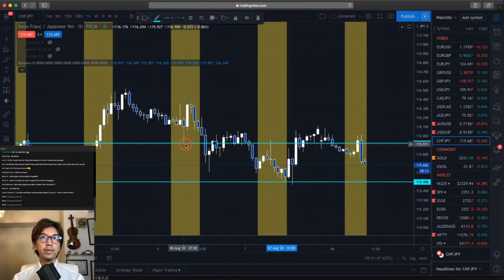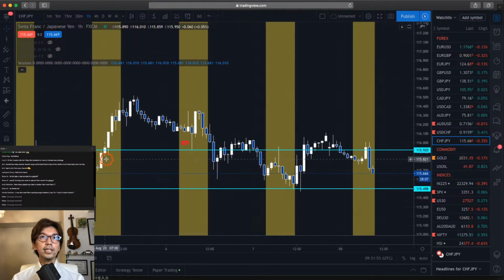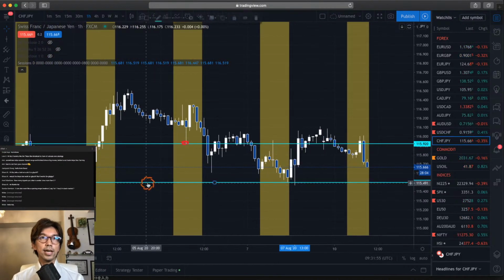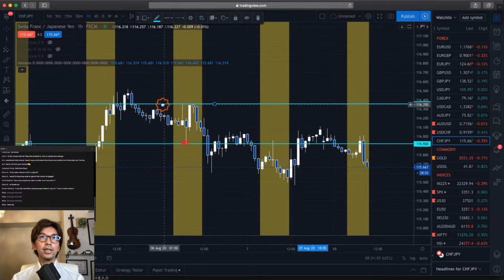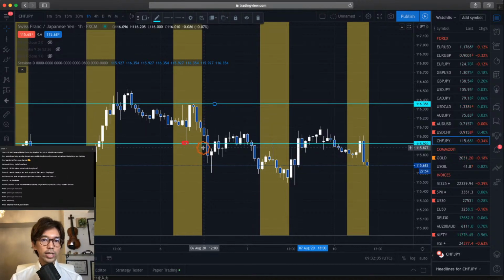This was the lowest level, and the highest level was above here. On this yellow box, the highest price was here at 116.35, and the lowest level on that Tokyo time was 115.92, and it broke downwards and continued to go down this way. So this was working.